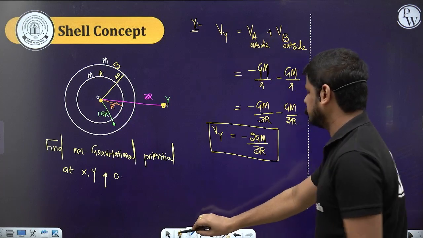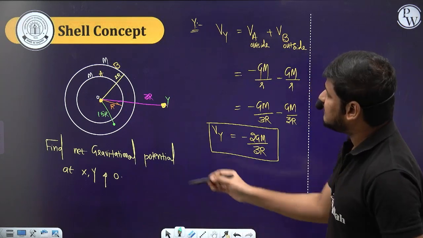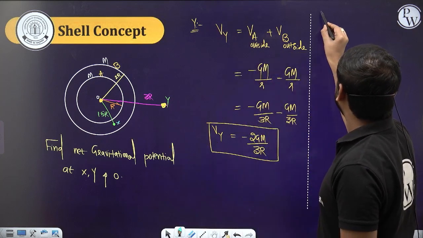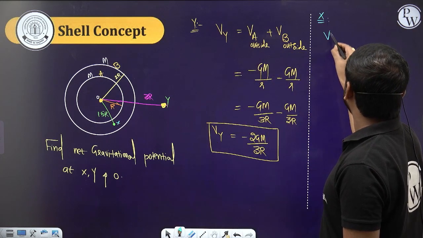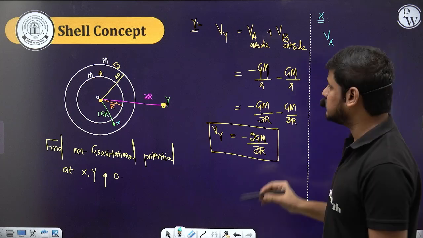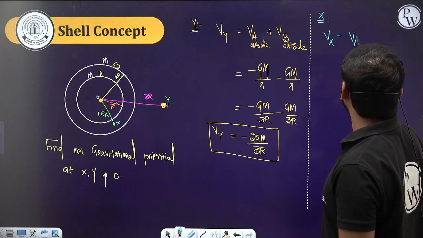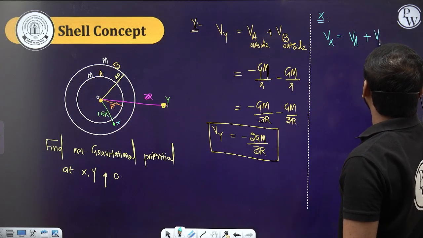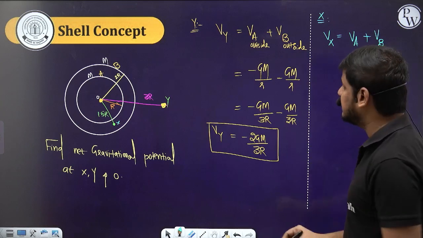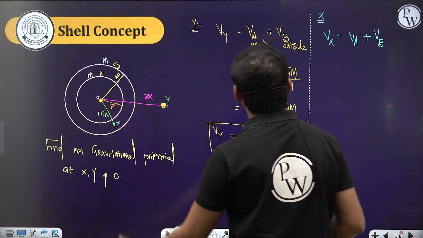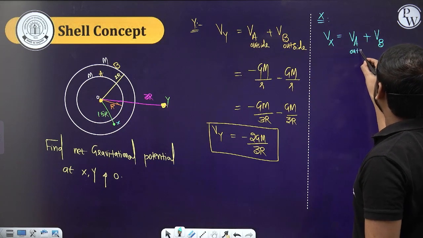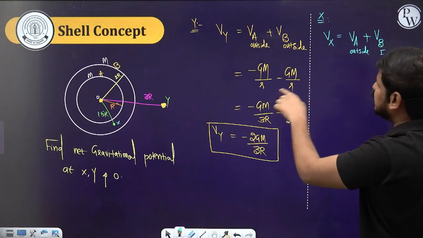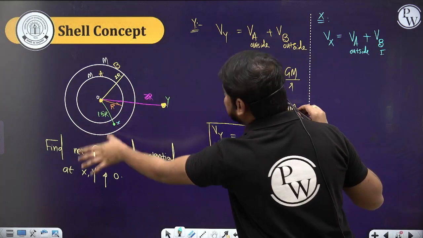So now let's find the gravitational potential at point x. The gravitational potential at x will be equal to the gravitational potential due to the A shell plus the gravitational potential due to the B shell. For A shell, this x point is outside. For B shell, this x point is inside.